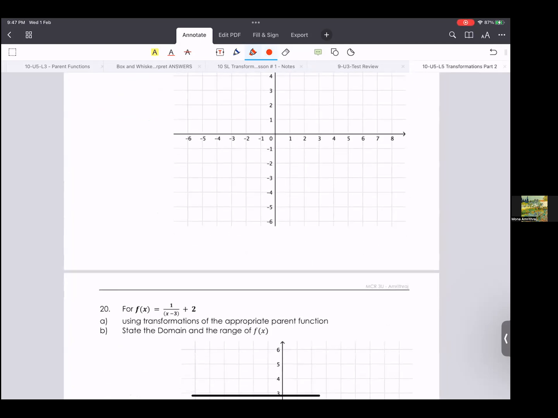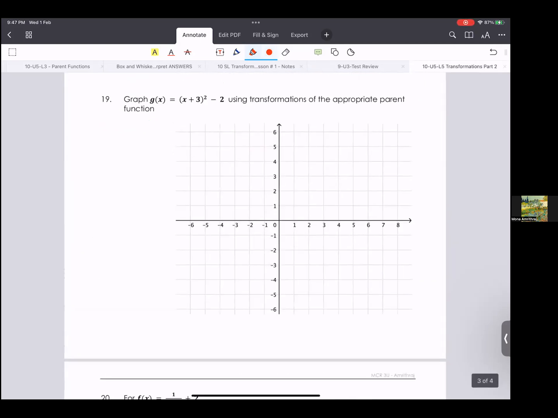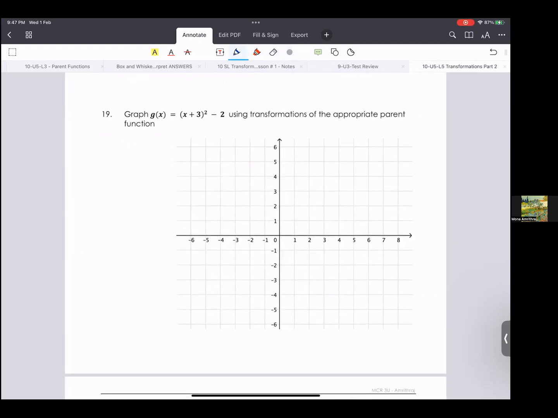This graph is nothing but a parabola. So that's your parent graph. Now, there are two transformations going on here.